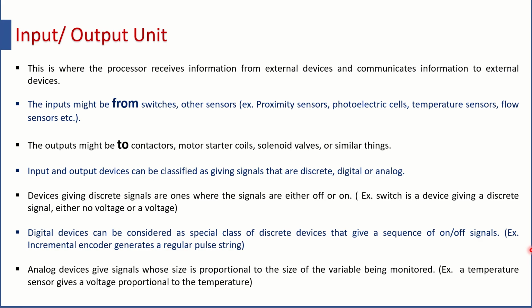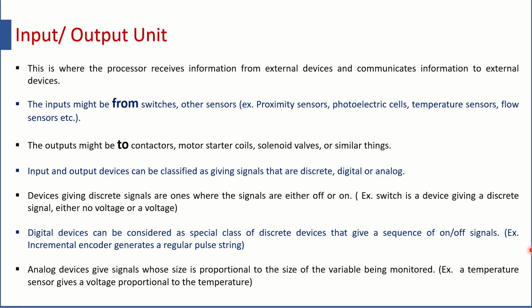Now you see that in the case of a PLC, there are external devices from which it is getting some signal or data, and other external things to which we are sending some signal or data. Therefore, when such things are connected, they are connected to the input output unit only.